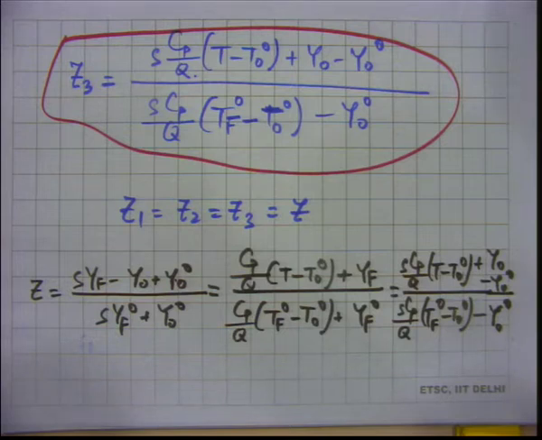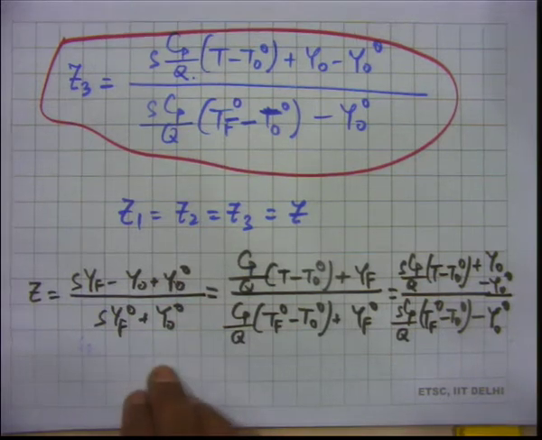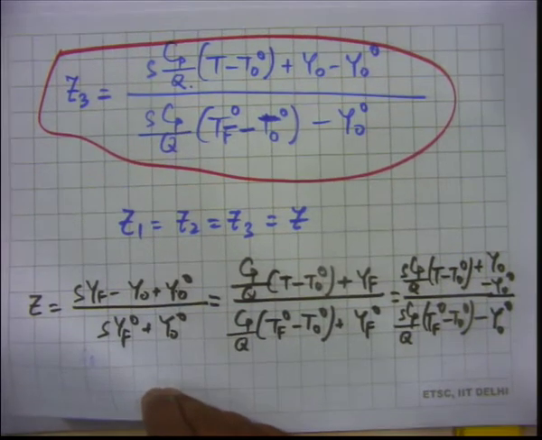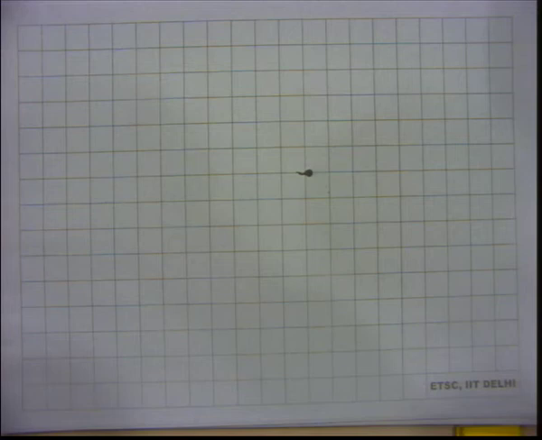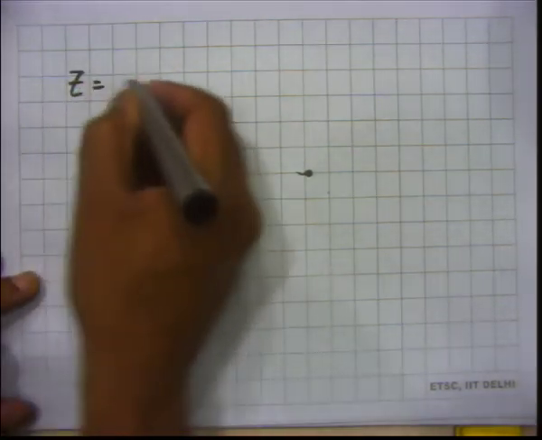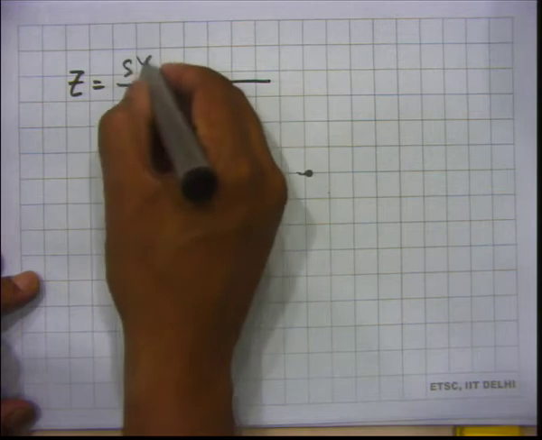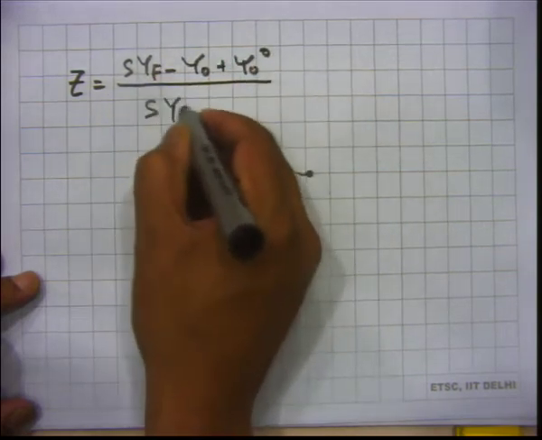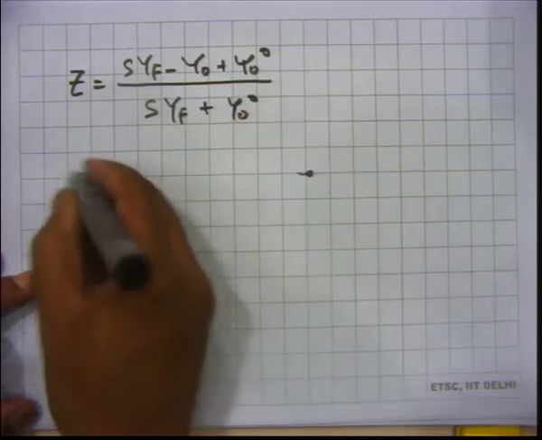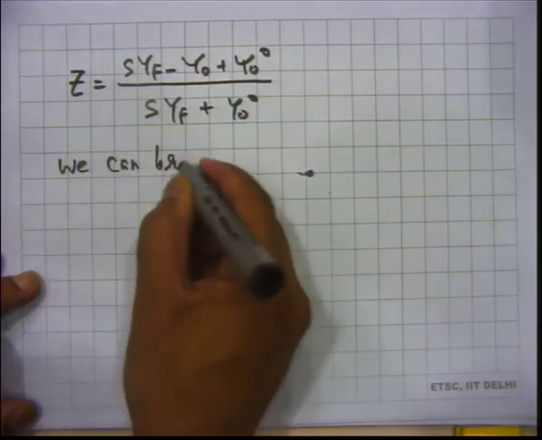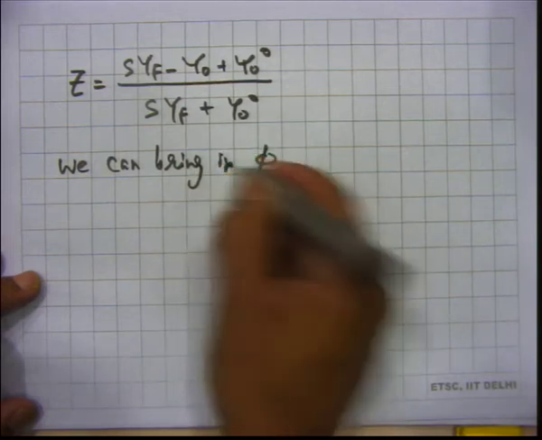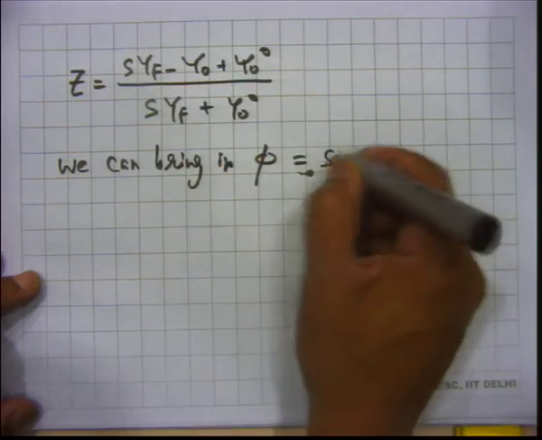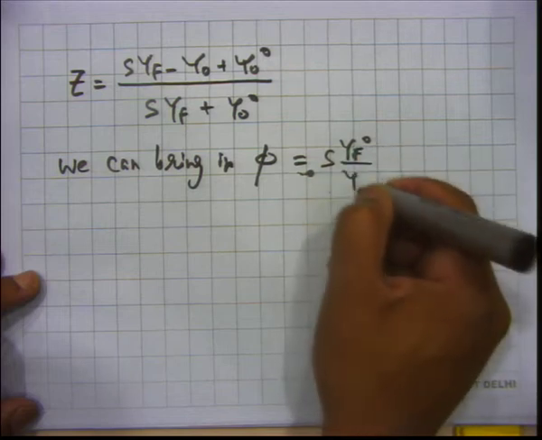All right. Based on all this, we can also write another expression for small z. This is small z, but we can bring in an equivalence ratio phi, which is S times YF naught by YO naught.